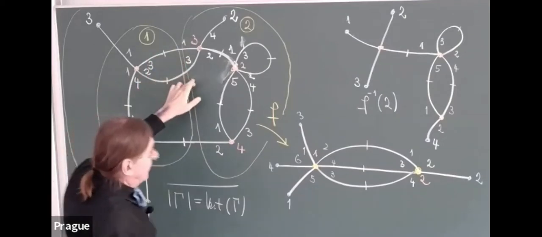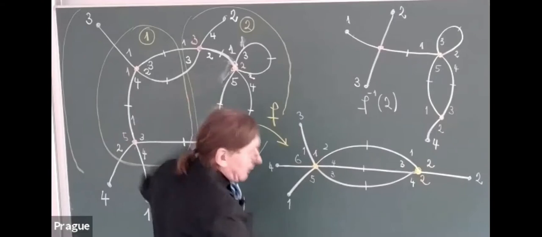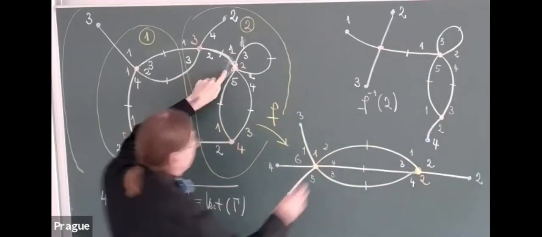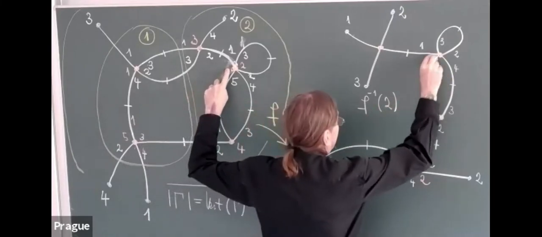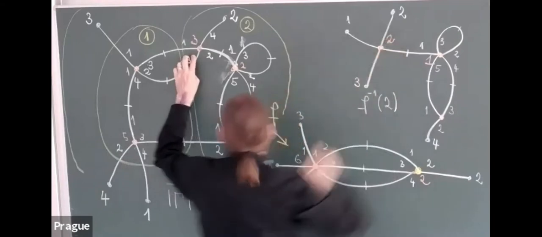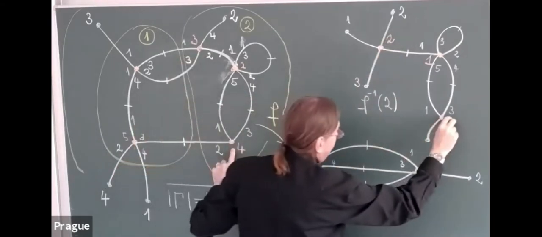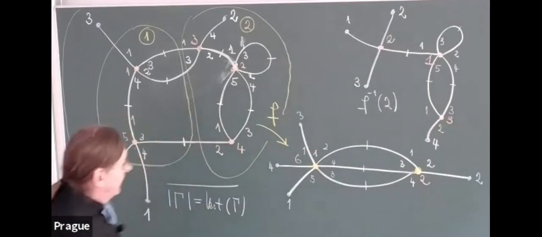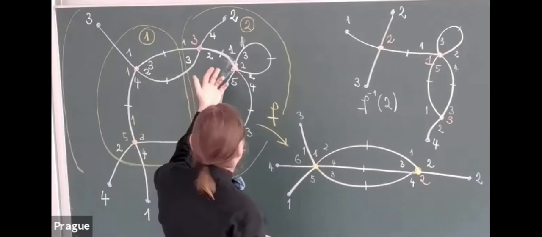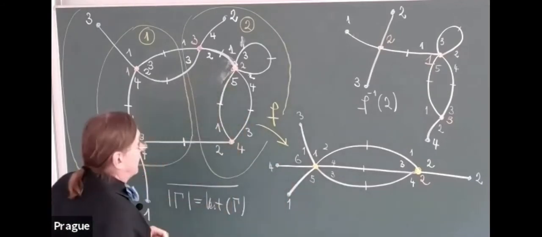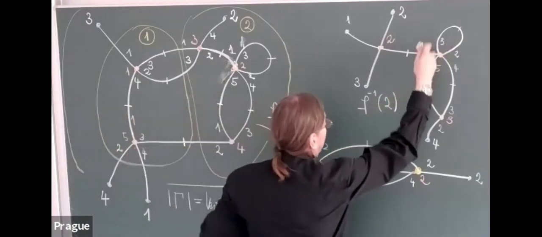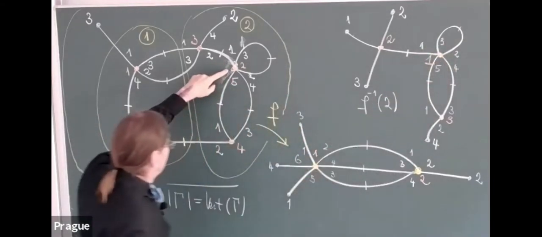For instance, because I am in a skeletal category, I didn't put the orders here. So this is 2, which is the smallest one, so it is the first. This is 3, which is the second, and this is 3. So this is how I get the order of vertices. The local orders are also borrowed from the subgraph that was contracted, which means that, for instance, the local order of this vertex, which corresponds to this one, is the same.